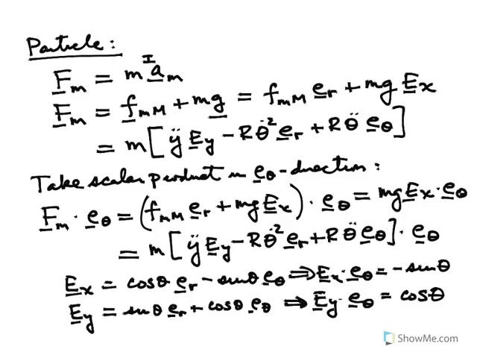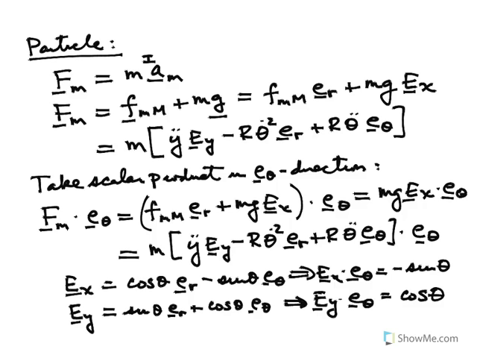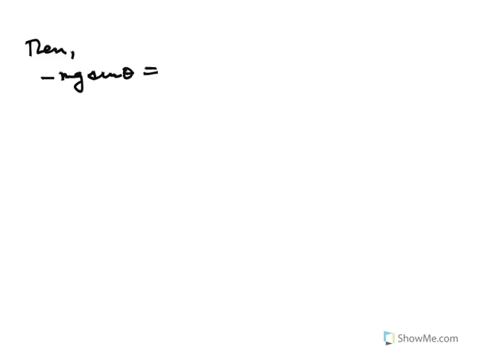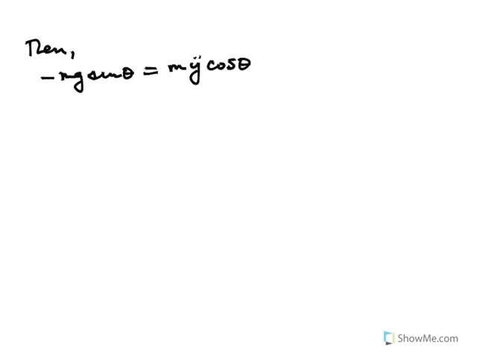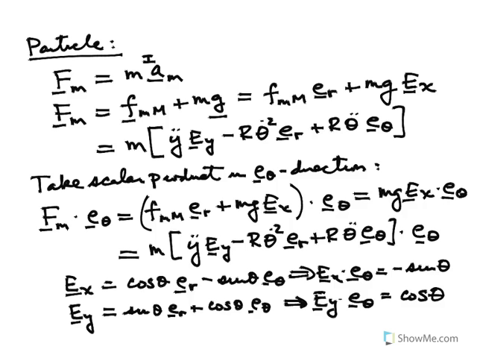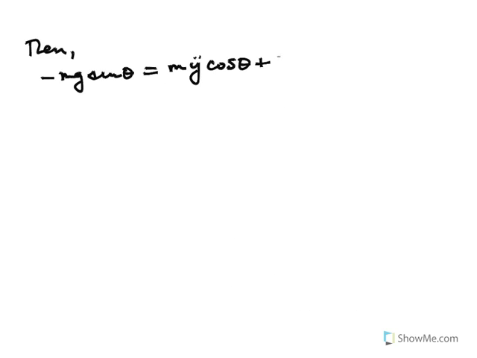Then we can substitute that in and we get minus mg times the sine of theta, that's the left-hand side, is equal to m y double dot times cosine of theta, and then e_r dotted with e_theta is 0, and e_theta dotted with e_theta is 1, so I get plus m r theta double dot, and that's the first differential equation.